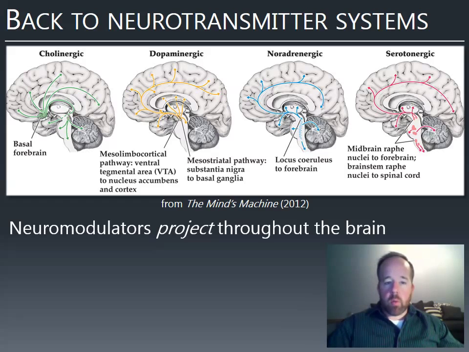So we have these neuromodulator systems that begin in the middle of the brain and then send axons out throughout the rest of the brain. There are relatively few of these neurons relative to the rest of the brain, which doesn't use the neuromodulators, it uses things like glutamate and GABA.